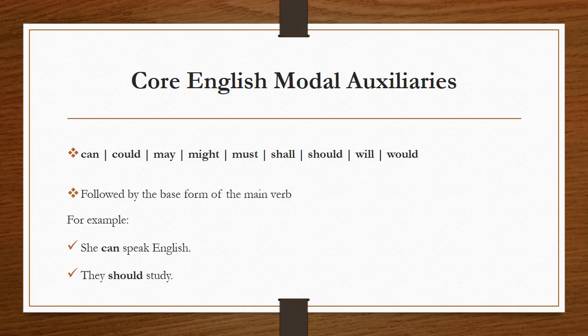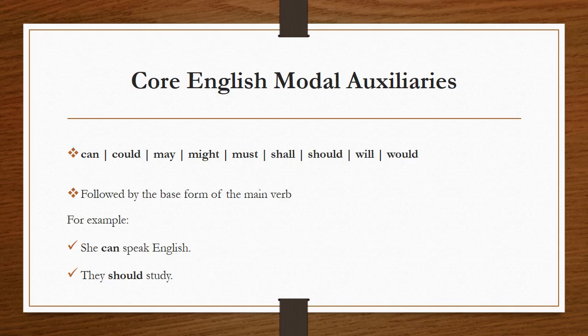Main English modal auxiliaries. The main English modal auxiliaries are can, could, may, might, must, shall, should, will, would.